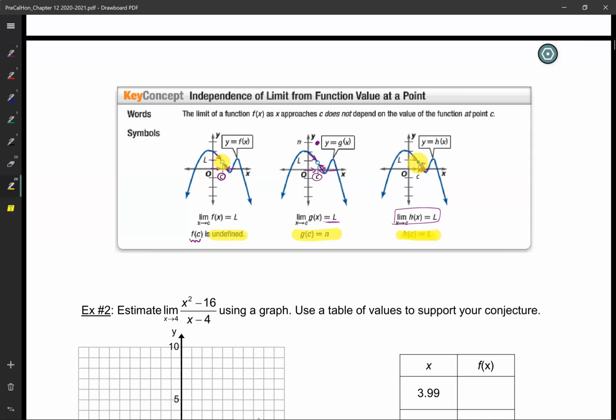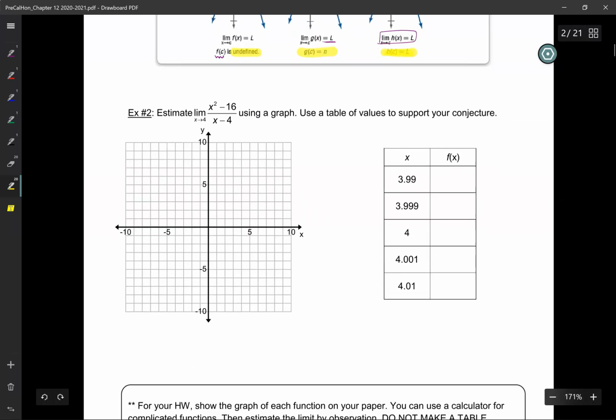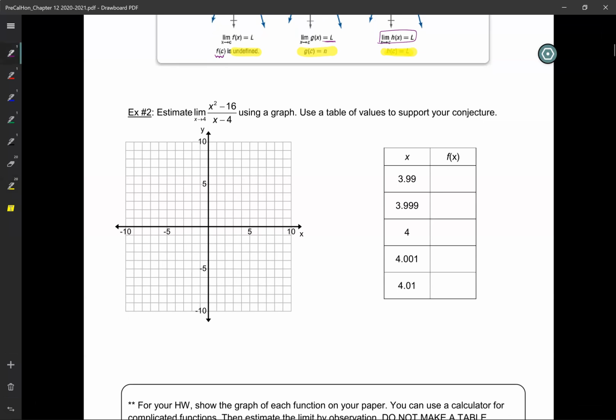The point is that it's possible for the limit to exist, but for the actual value of the function to either be something else or not exist at all. Okay? All right.